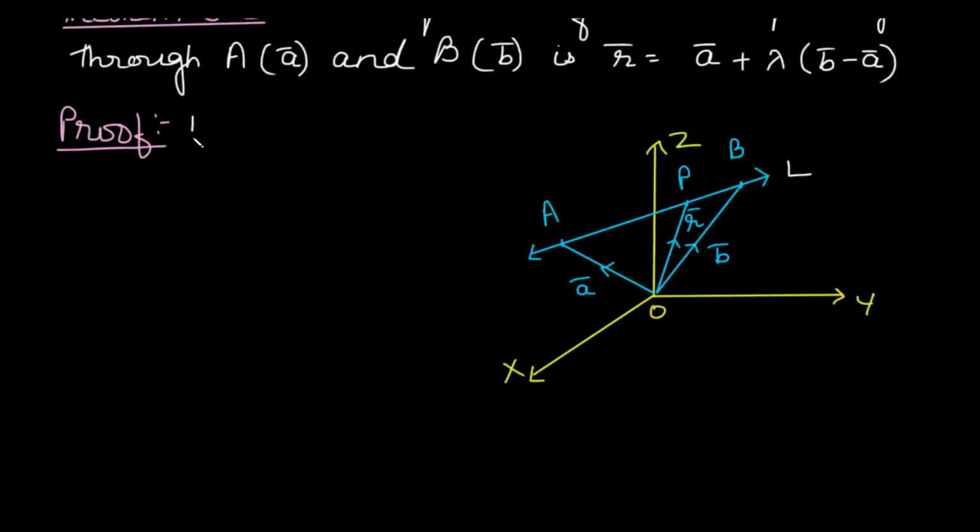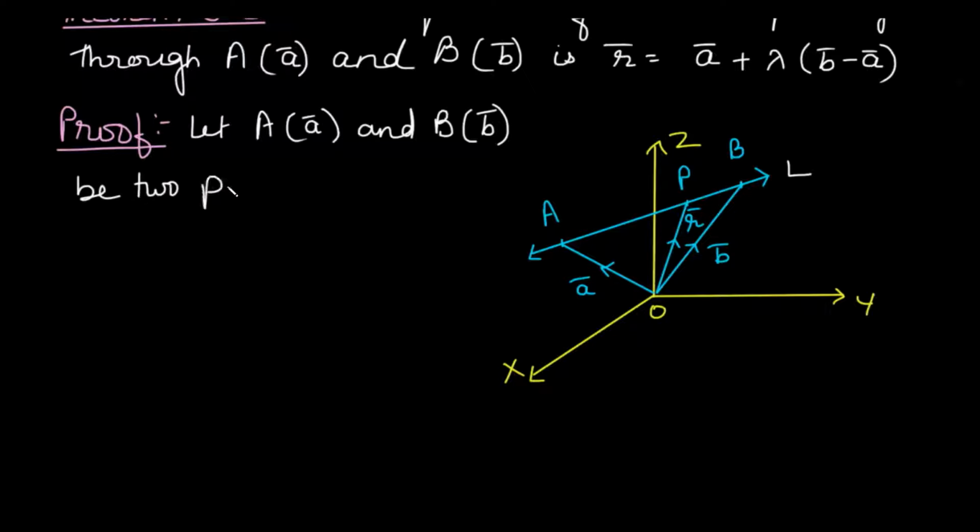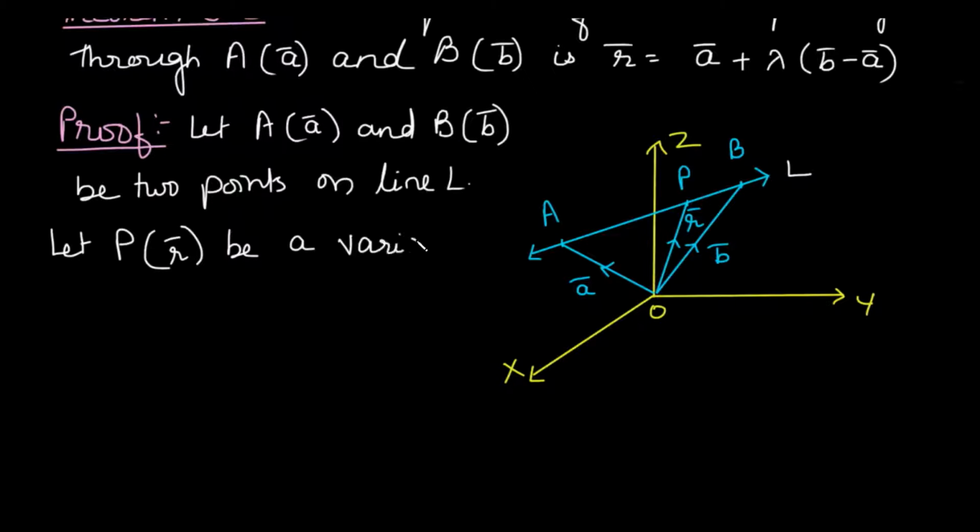So let A having position vector A bar and B with position vector B bar be 2 points on the given line L. Let P having position vector R bar be a variable point on L other than A and B. Now from the figure, we see that A, P and B are collinear.